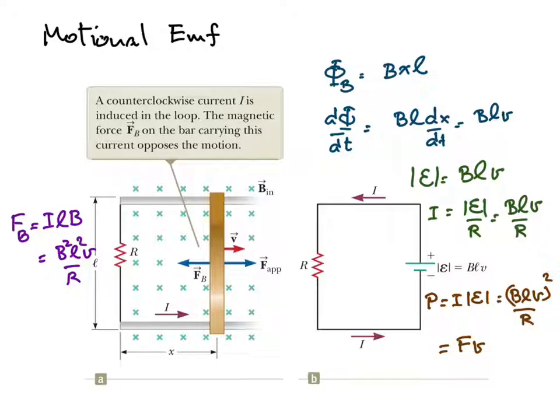We have many applications that can use the results from this discussion, especially in the generation of the electric current by moving a wire loop in the magnetic field.